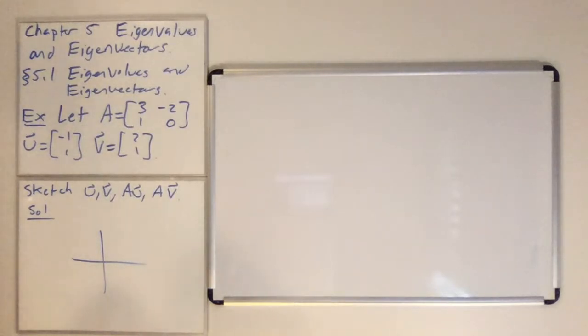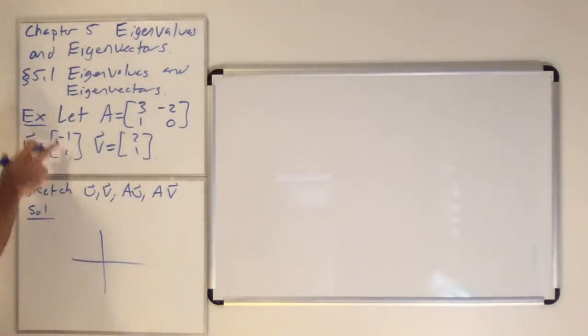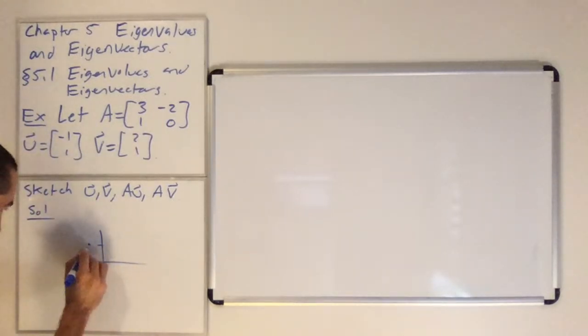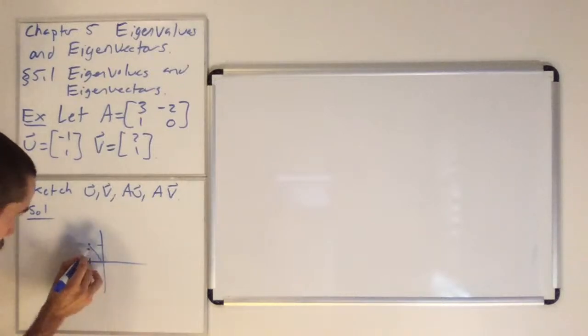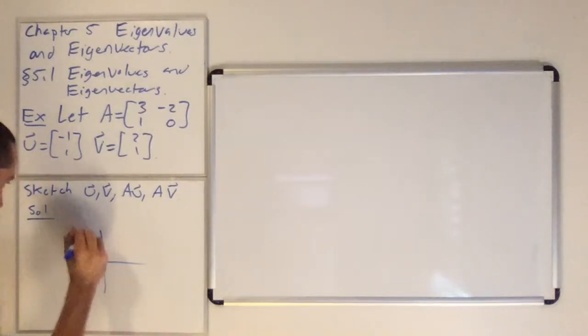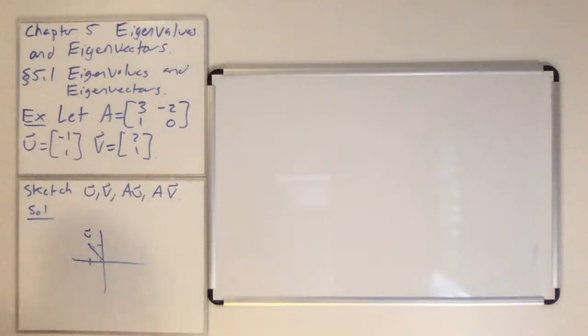Okay, so I don't know if that's enough time for you to solve it, but either way, we already know what u and v are, so we can just plot those. So u is the vector negative 1, 1. So remember that means we go negative 1 in the x direction, positive 1 in the y direction. So this is the vector u. And the vector v is 2 in the x, 1 in the y.